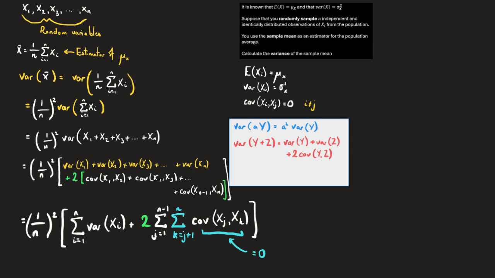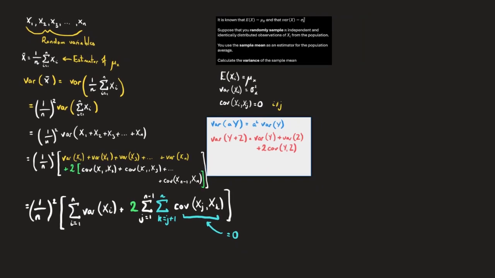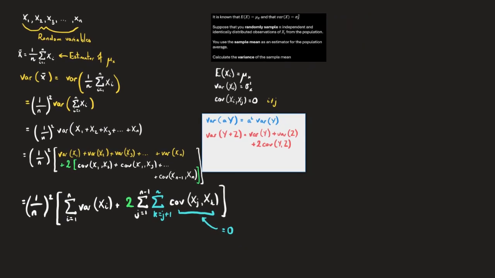Similarly, we know that as the observations are independent and identically distributed, the variance of each of the observations is going to be equal to sigma squared x.